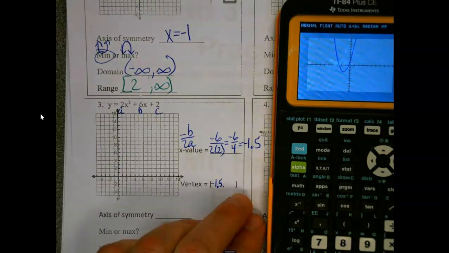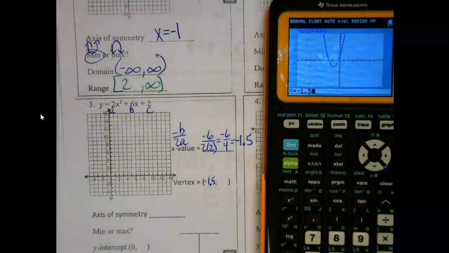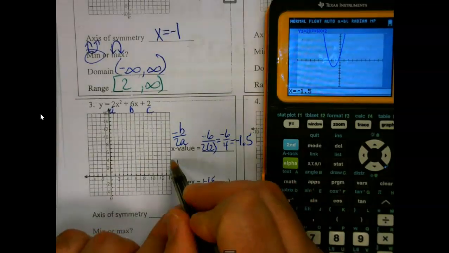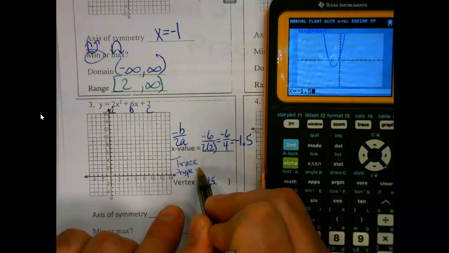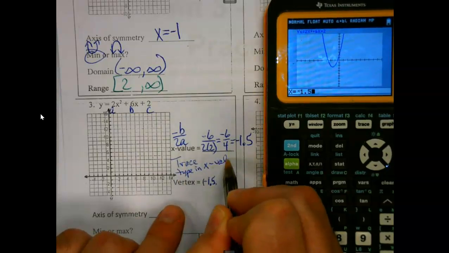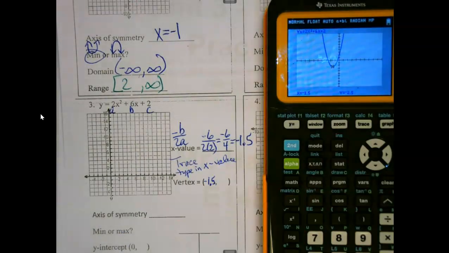When you hit the trace button, once it graphs the graph for you, you can type in any number you want for x. Okay? So here, all we did was hit trace and then type in the x value. And when I hit enter, it will tell me what the y value is there.